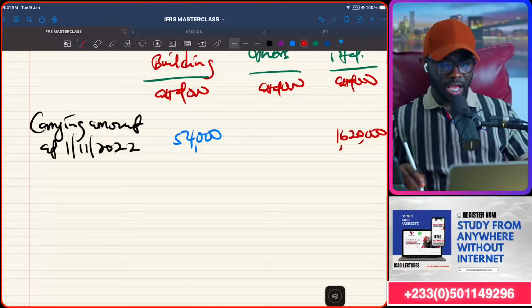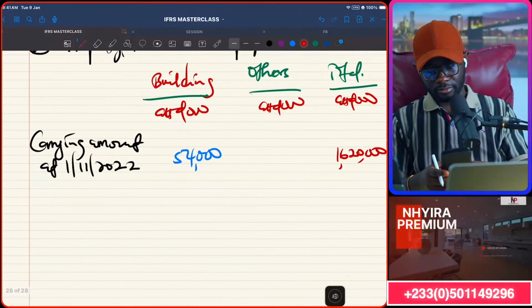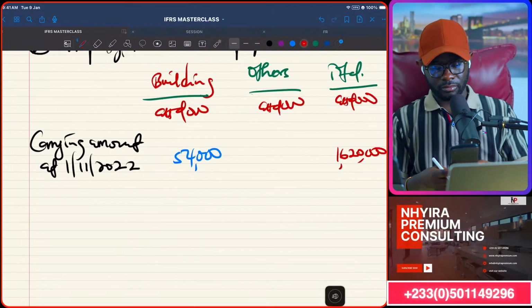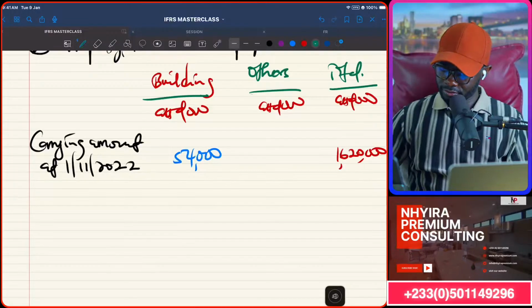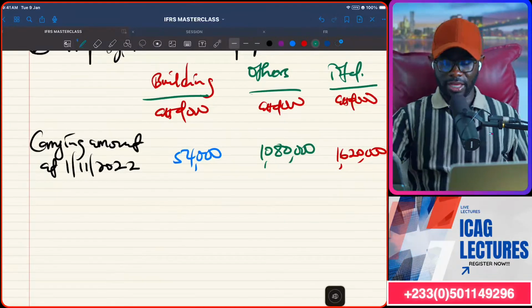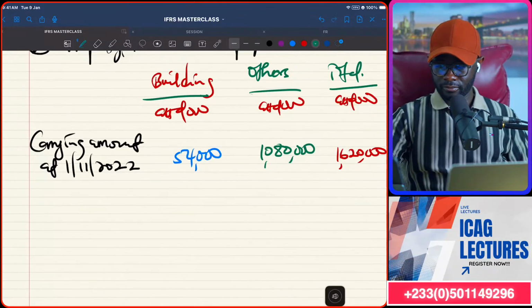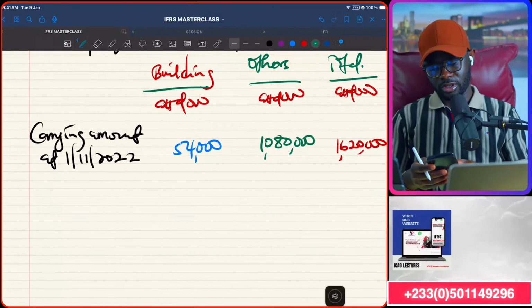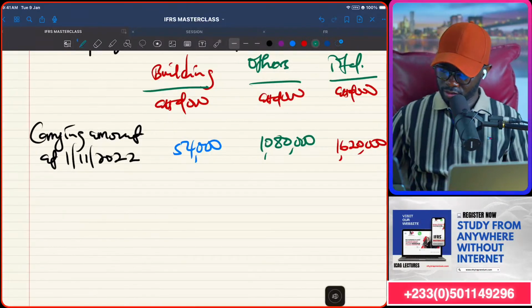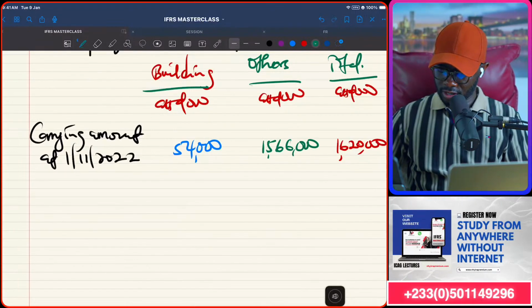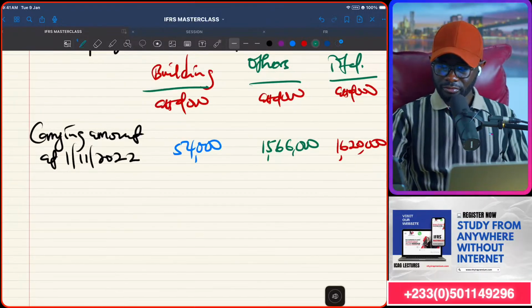So the balancing figure for the others, minus 54, is 1,566,000. All right. So let's go.